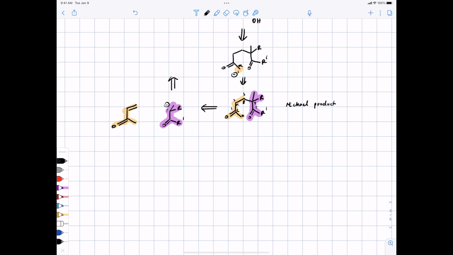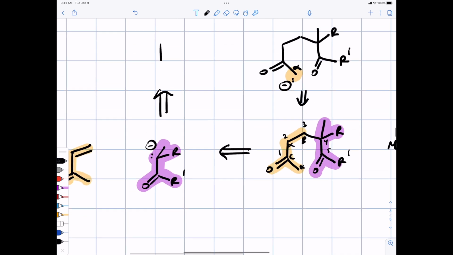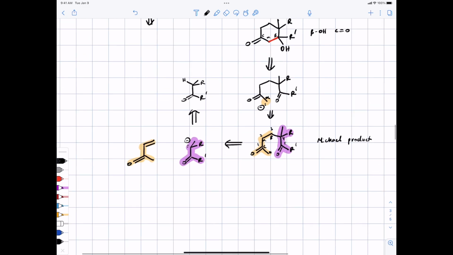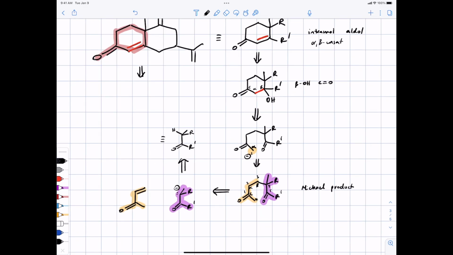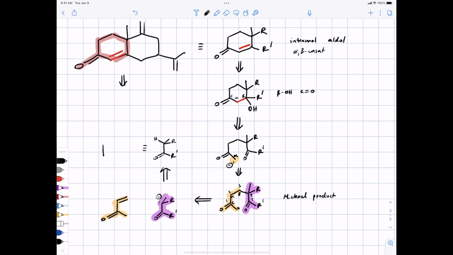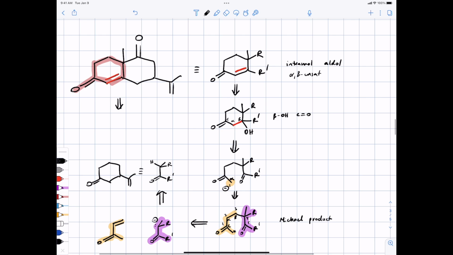And then I just need to add the proton back there so that I get to some neutral starting material. And now, and only now, do I bother going back and filling in those R groups. Sorry, I'm getting confused. Is that right? Yeah. Okay.